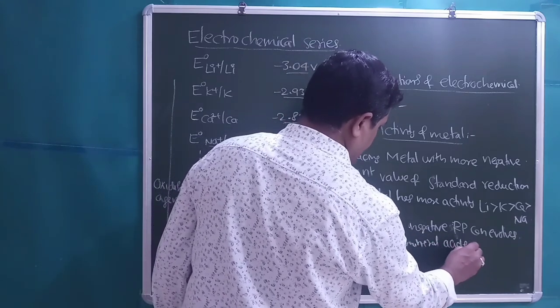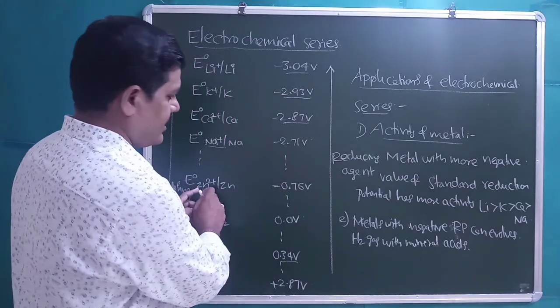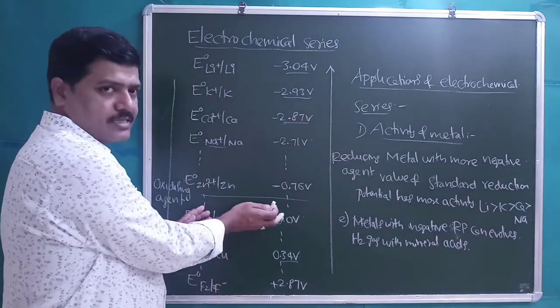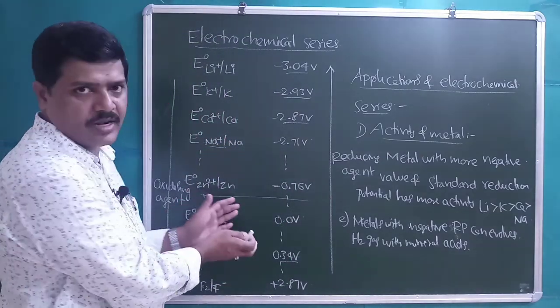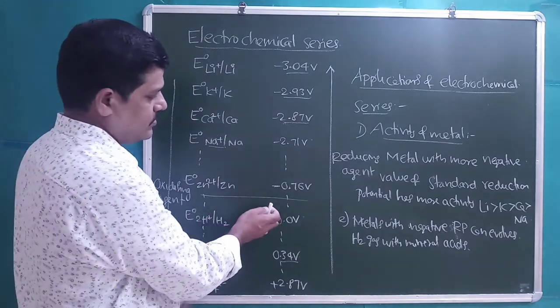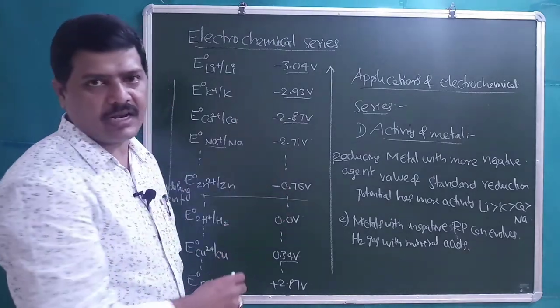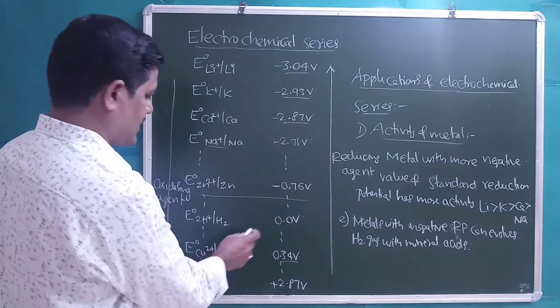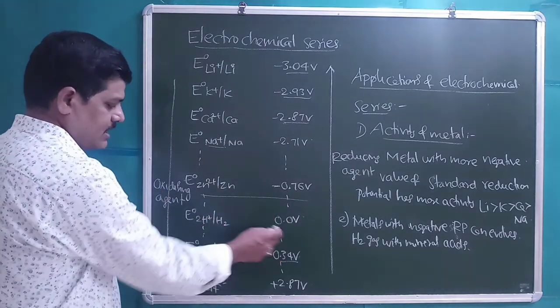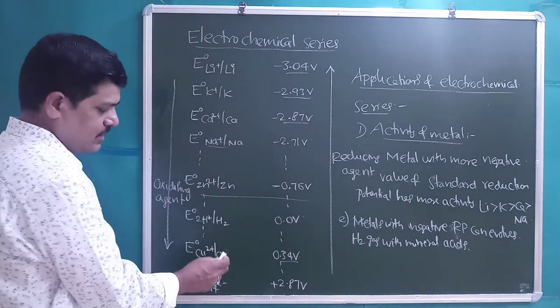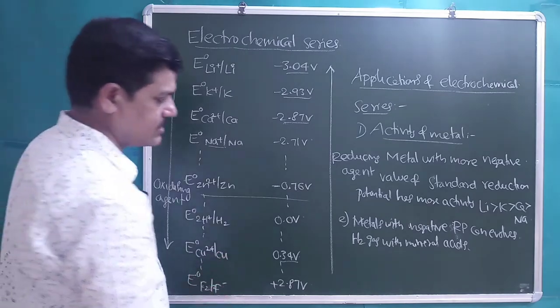Students, that means the metals which have a negative reduction potential up to the hydrogen are more reactive than the hydrogen. So when they are reacting with the mineral acids, they can evolve H2 gas. But metals which have a positive reduction potential cannot evolve H2 gas.